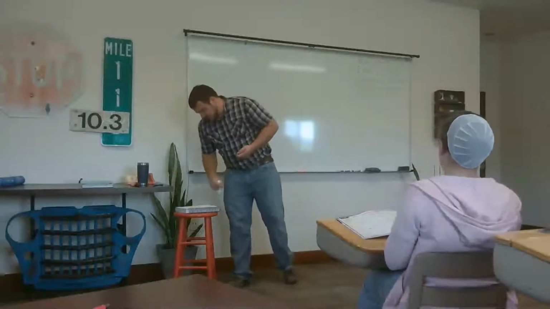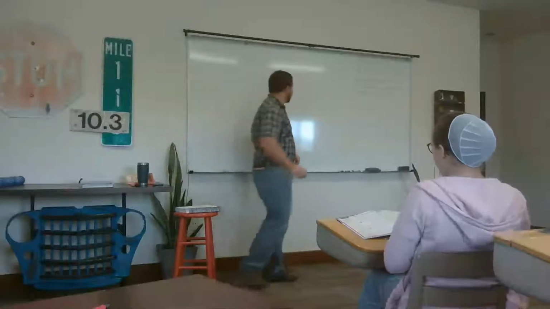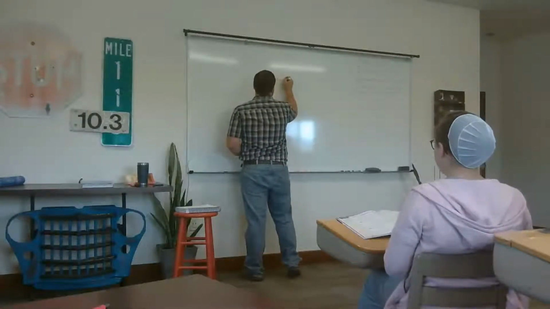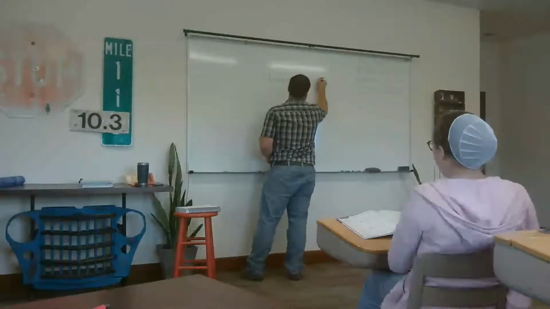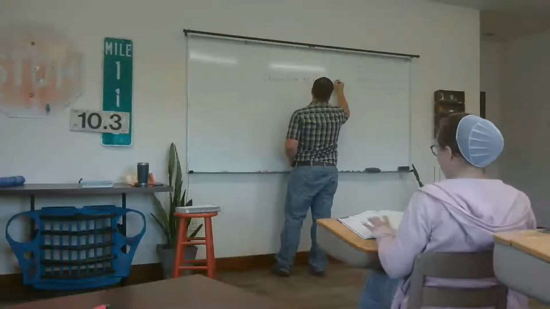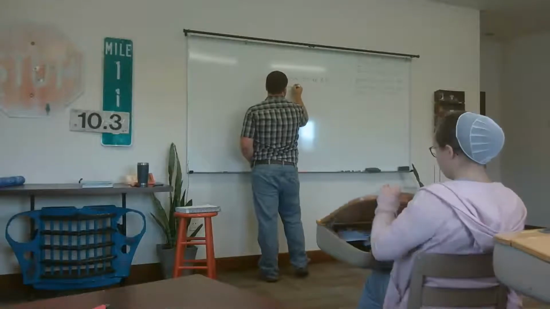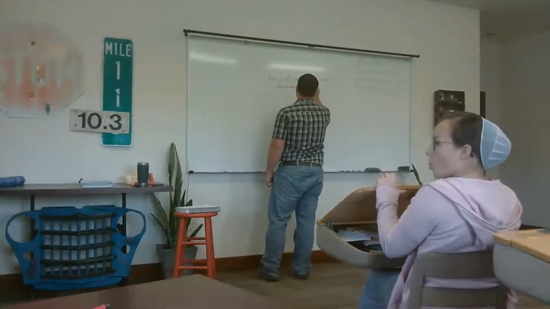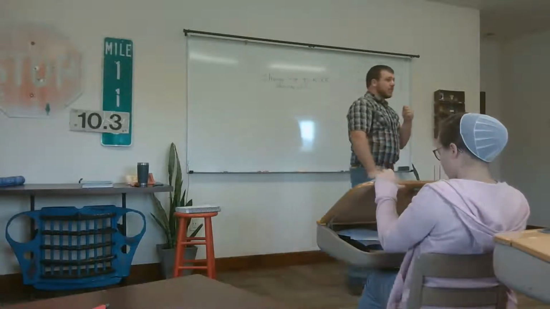What do we do on number 7? Change from 90 to 85. A change from 90 to 85 is a decrease of what percent? How do we work this?